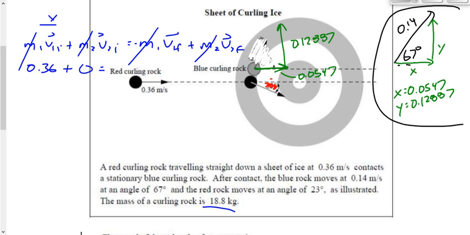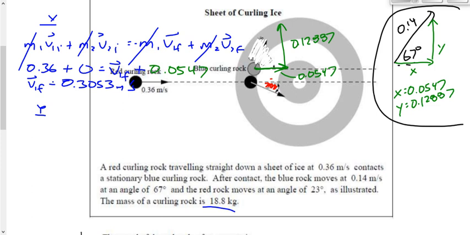V1F, that's what we're looking for here, right? The red one, yep. Plus V2F is, for the x component, 0.0547. How's that going to be? 0.3053? And do my y-axis, even easier.